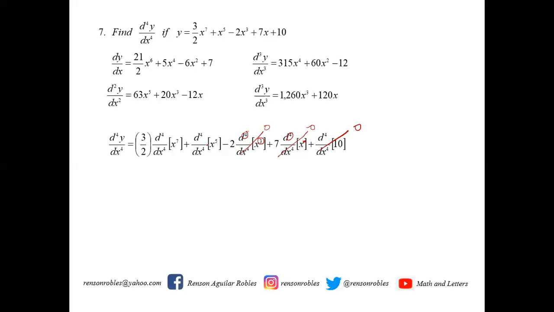Okay, and then we might use our special formula to find the fourth derivative of x to the 5 and the fourth derivative of x to the 7. And we shall have 3 halves times 7, this is your n, this is your k, 7P4 times x raised to 7 minus 4. And then here, this is your n and this is your k.